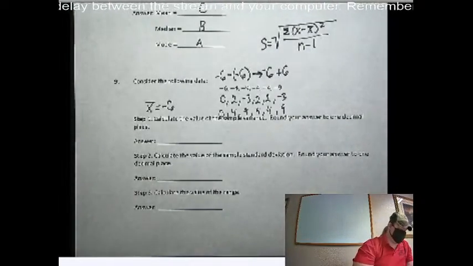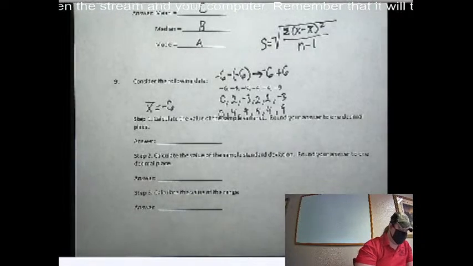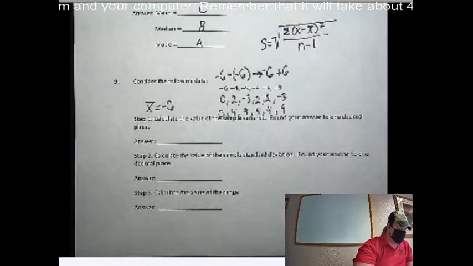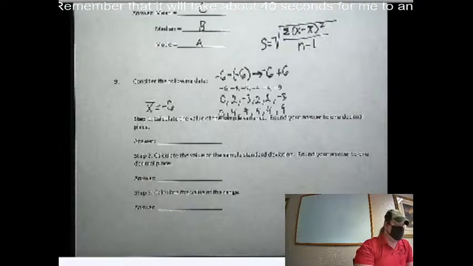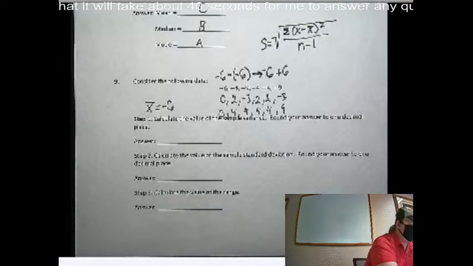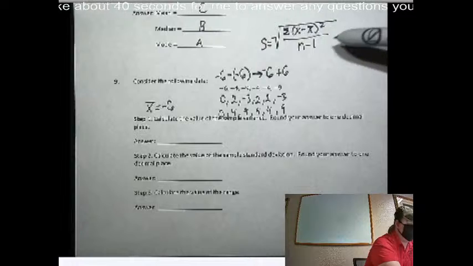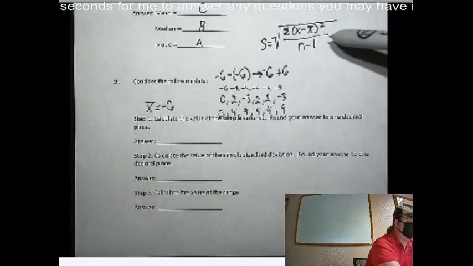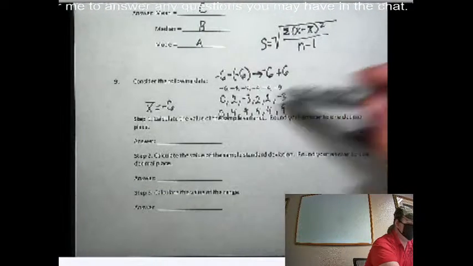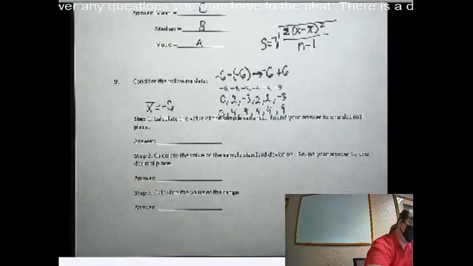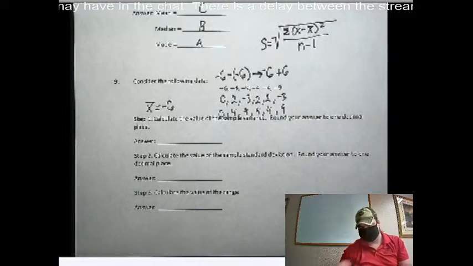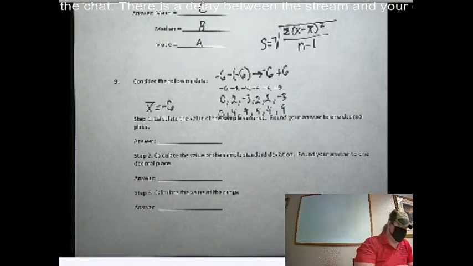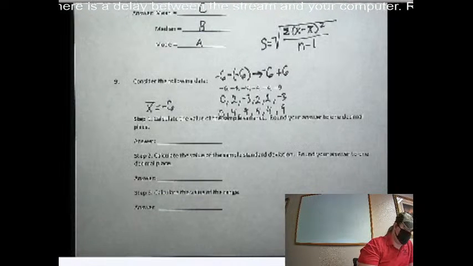So, let's see, 4 plus 9 plus 4 plus 4 plus 9 is 21. And we need to divide that by n minus 1. So our n is 6, n minus 1 is 5. So divide this by 5. That's not what I got last time. I must have missed a number. Hold on. 4 plus 9.